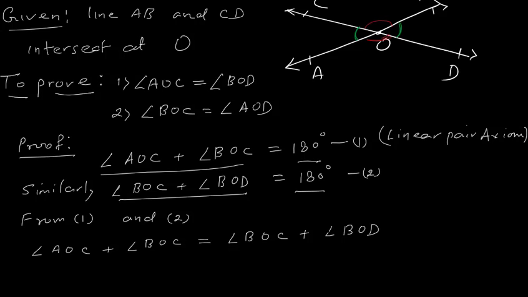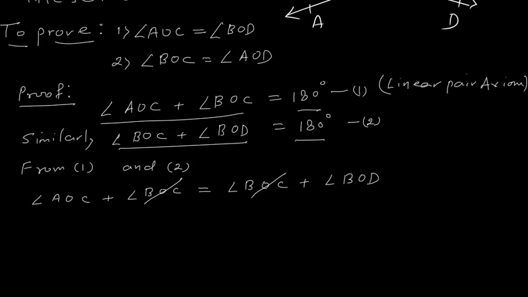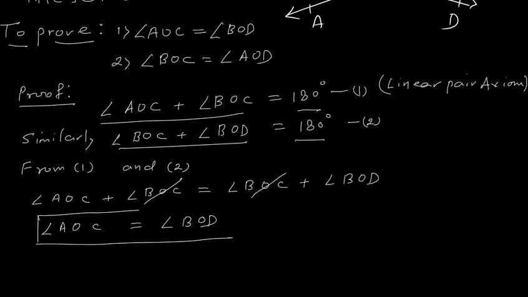Now BOC on both sides I can cancel. So after cancellation I will get angle AOC is equal to angle BOD. Right? See, our first proof, angle AOC equal to angle BOD, we had to prove, and we have proved.